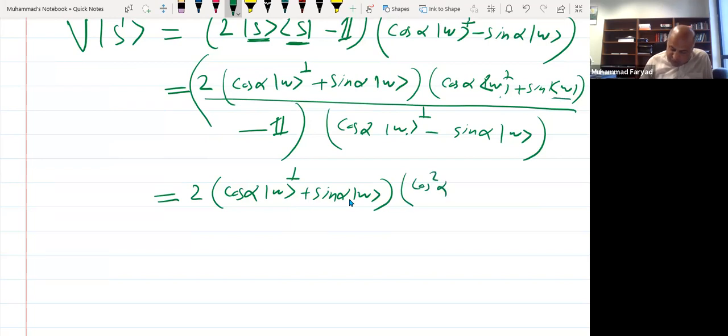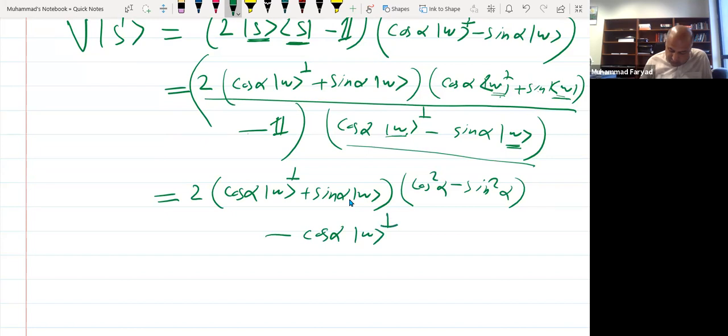When this W multiplies with W perpendicular, I will get a 0. And similarly, when this W perpendicular multiplies with this, I will get a 0. And when this W multiplies with W, I will get 1. So minus sine square alpha, like this. And then I have to multiply this minus identity with all of this, and I get minus cos alpha W perpendicular plus sine alpha W.